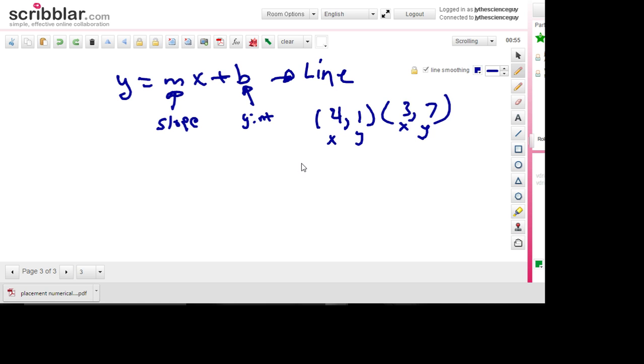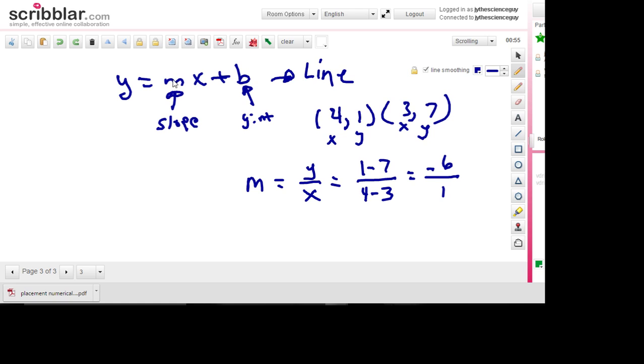The slope is the y over the x. So what you do is you always subtract. I'm going to take the two y's and subtract them from one another, and I'm also going to take the two x's and subtract them from one another. And that gives me my slope, which is m. Okay. So this would be negative 6 over 1.